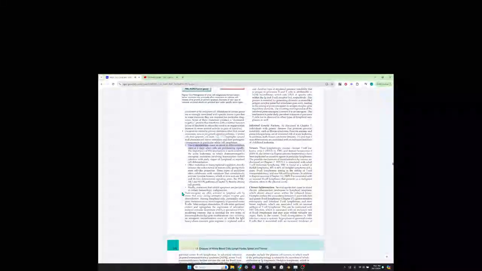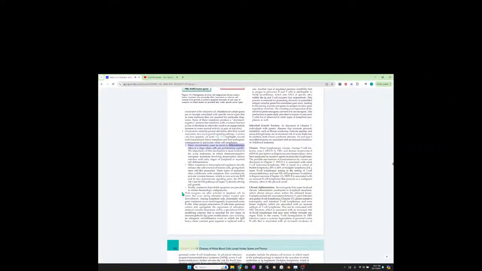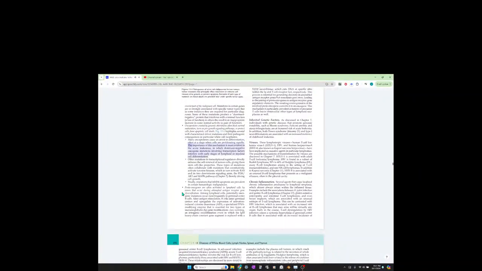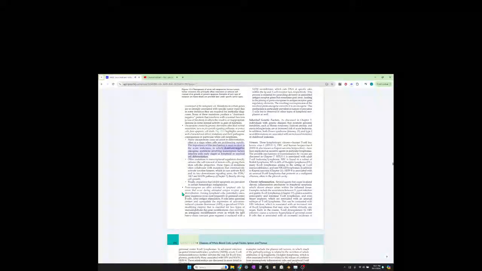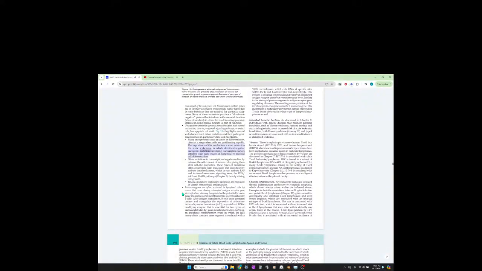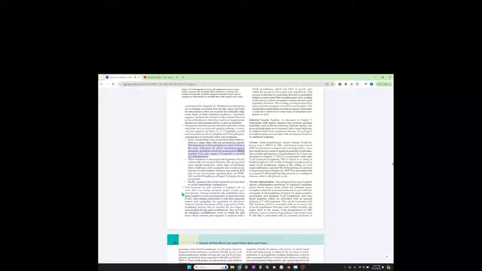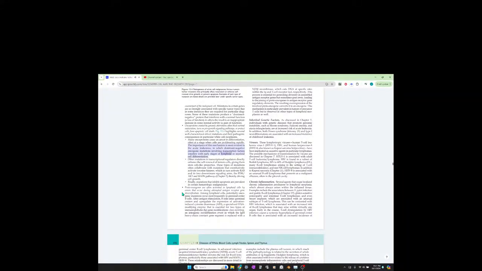Many oncoproteins cause an arrest in differentiation, often at a stage when cells are proliferating rapidly. The importance of this mechanism is most evident in the acute leukemias, in which dominant negative oncogenic mutations involving transcription factors interfere with early stages of lymphoid or myeloid cell differentiation.